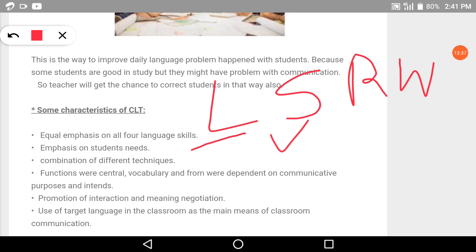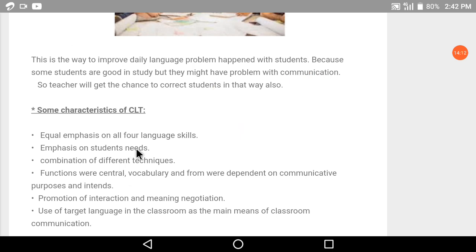After listening and speaking, he or she might be able to read it out or write it down. Writing is our last stage. First he is able to read out what is mentioned in his or her textbook, and after that he or she is able to write what he or she wants to say, or what is mentioned in the book.